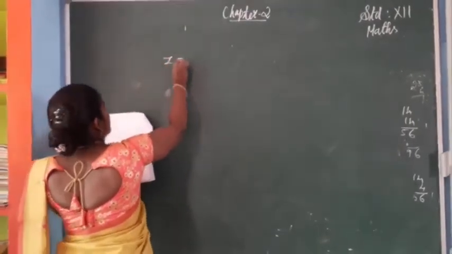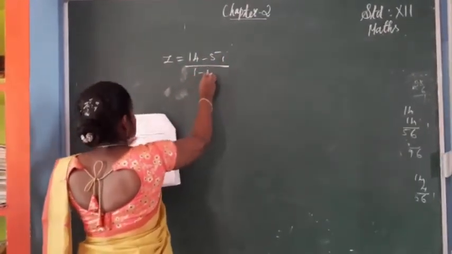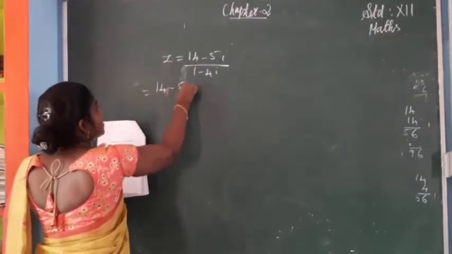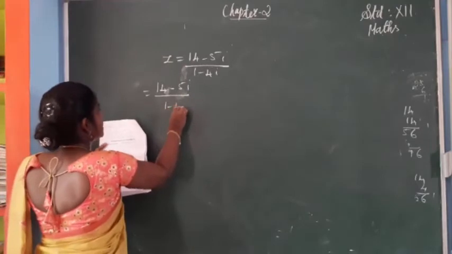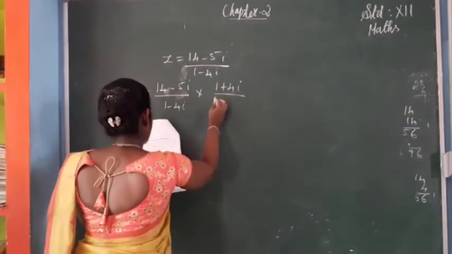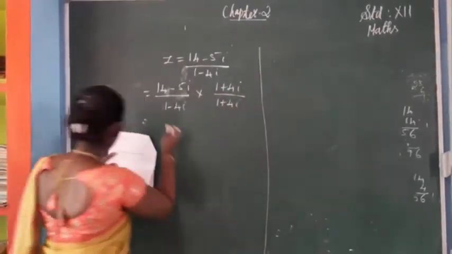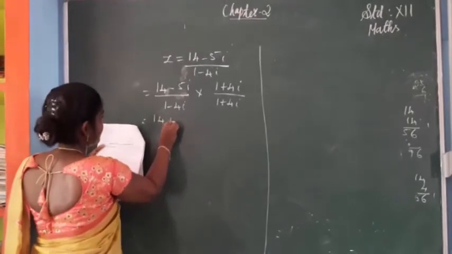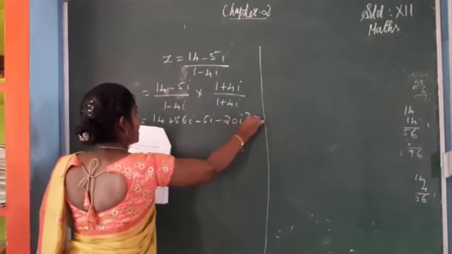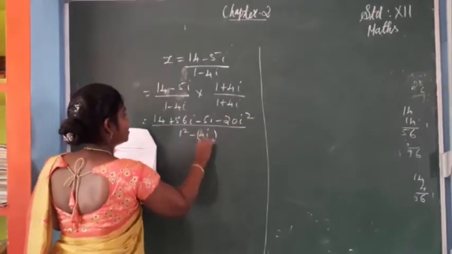So z is equal to 14 minus 5i divided by 1 minus 4i. Okay, that's equal to 14 minus 5i divided by 1 minus 4i into 1 plus 4i divided by 1 plus 4i. That's equal to 14 plus 56i minus 5i minus 20i square, divided by 1 square minus 4i the whole square.